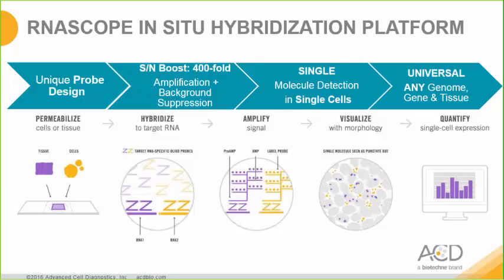This is followed by hybridization of a pool of about 20 target-specific double Z probes to target RNA and amplification of hybridization signals via sequential hybridization of amplifiers and label probes, resulting in detection of single RNA molecules in single cells as punctate dots in their morphological context. These dots can be viewed under a standard microscope and quantified on a cell-by-cell basis manually or with image analysis software.